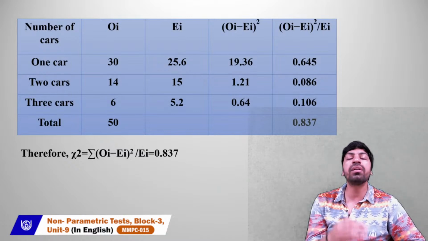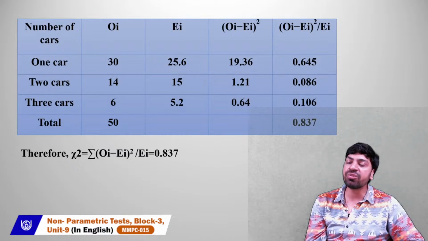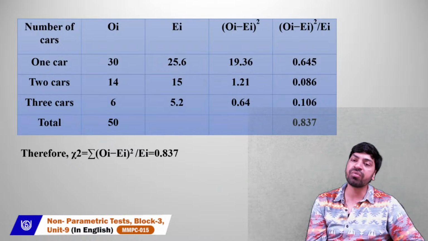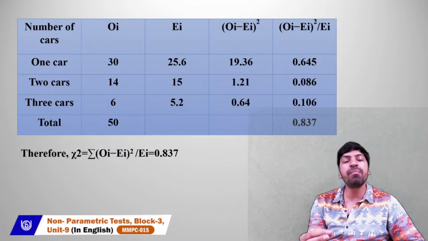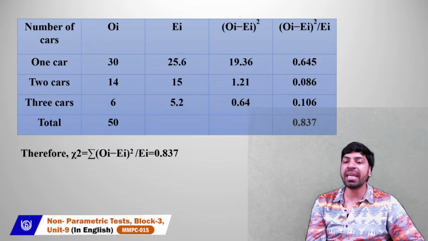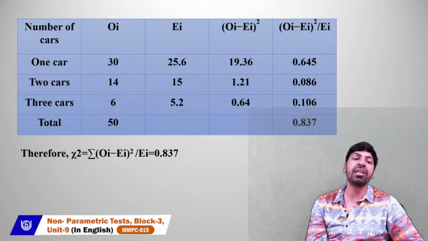When we add all the individual chi-square values, we get the grand total of the chi-square value, that is sigma (O minus E) whole square by E, which is about 0.834.